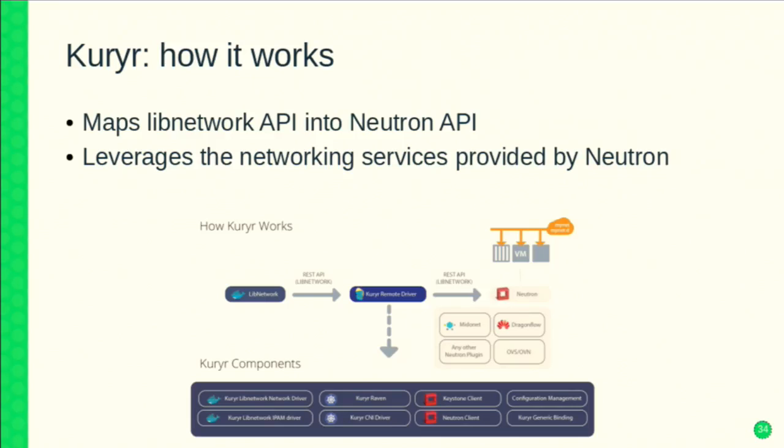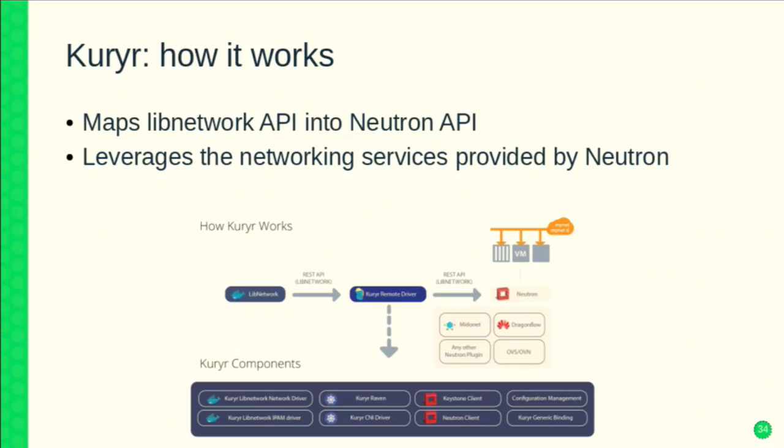So here, just to show briefly what Kuryr does: it maps the abstraction of libnetwork, which is meant to handle the networking for containers, into the Neutron API. It's a pass-through, so we are able to configure the container networking using the same Neutron API.